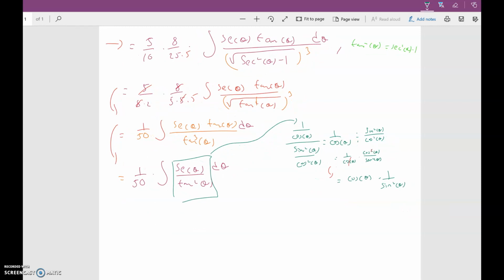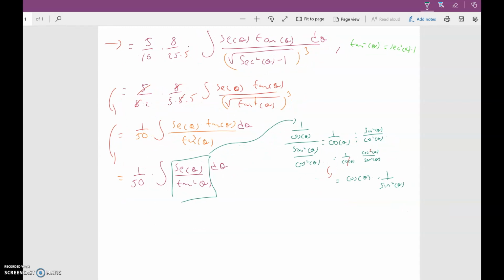So this is supposed to be a times. So what I'm going to do is I'm going to rewrite it as cosines and sines. So in this case, this is a cosine of theta over sine of theta times 1 over sine of theta.